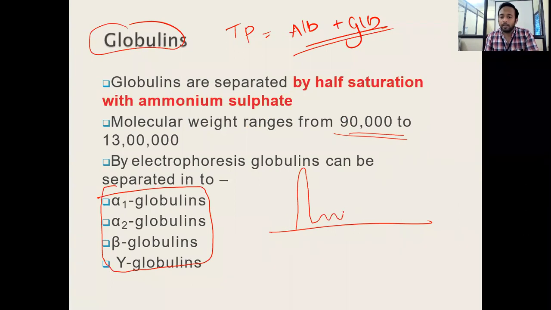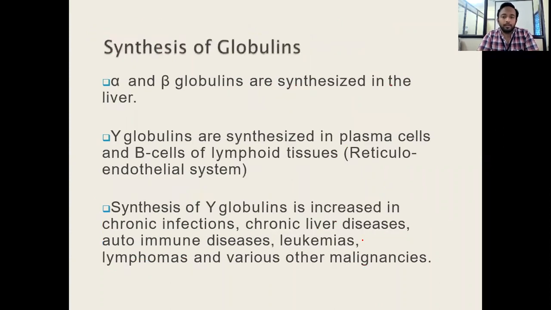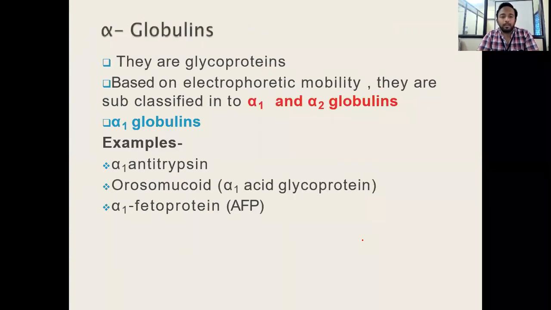Albumin, alpha 1, alpha 2, beta, and gamma. Okay, alpha 1, alpha 2, beta, and gamma. All these, apart from albumin, come under globulins. Okay, synthesis of globulins is not required.